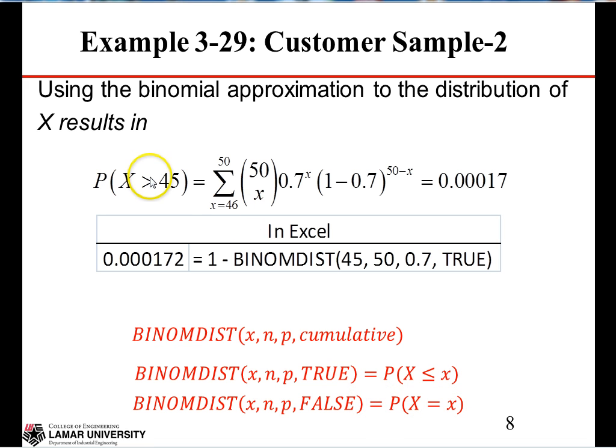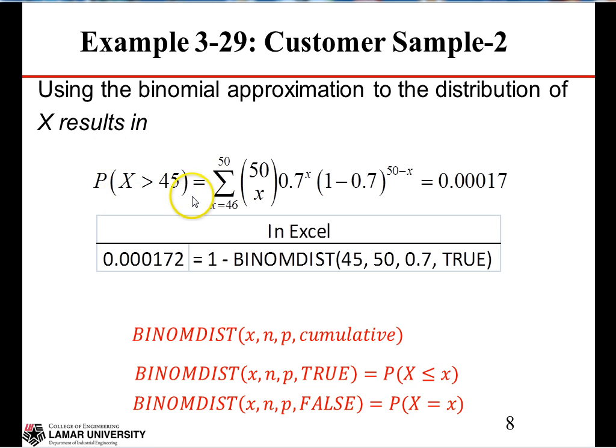And for the problem in hand, what we are looking for is the probability X greater than 45. Therefore, if we can somehow calculate the probability X less than or equal to 45 and use 1 minus that probability, we will be able to calculate this one.